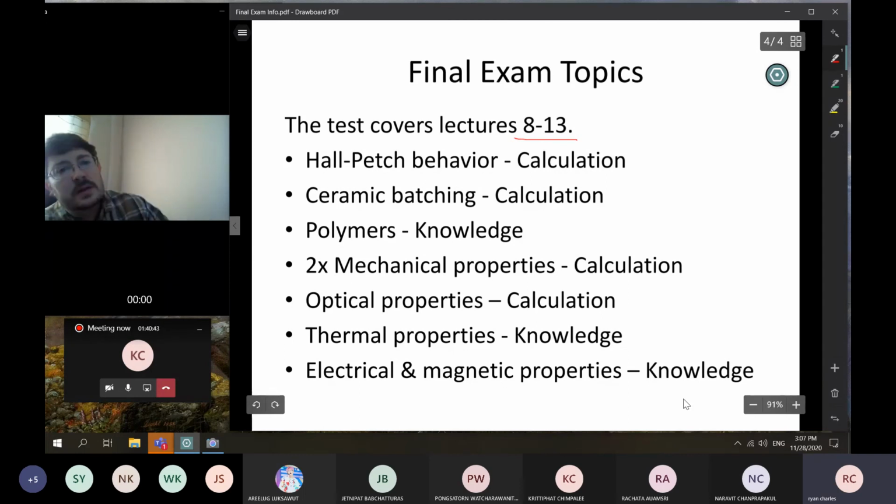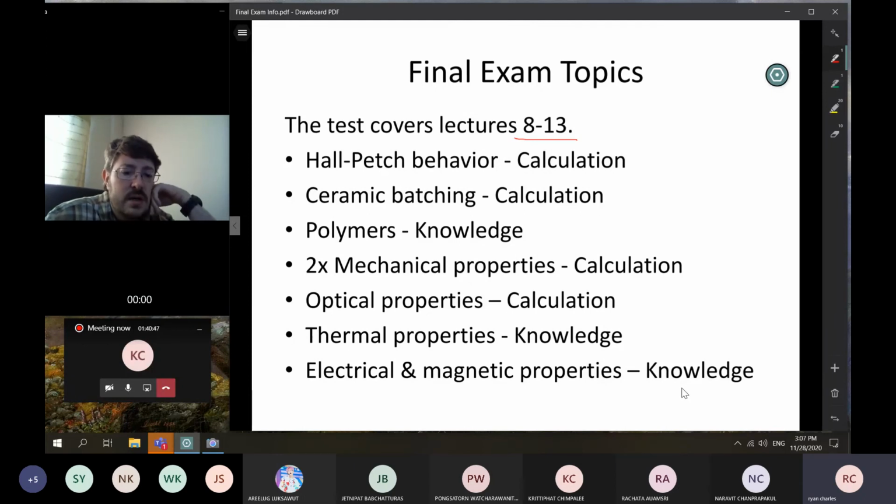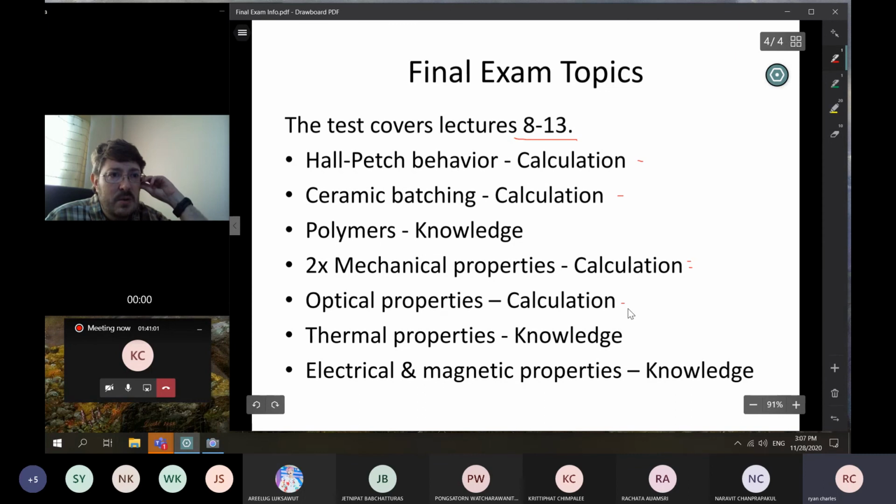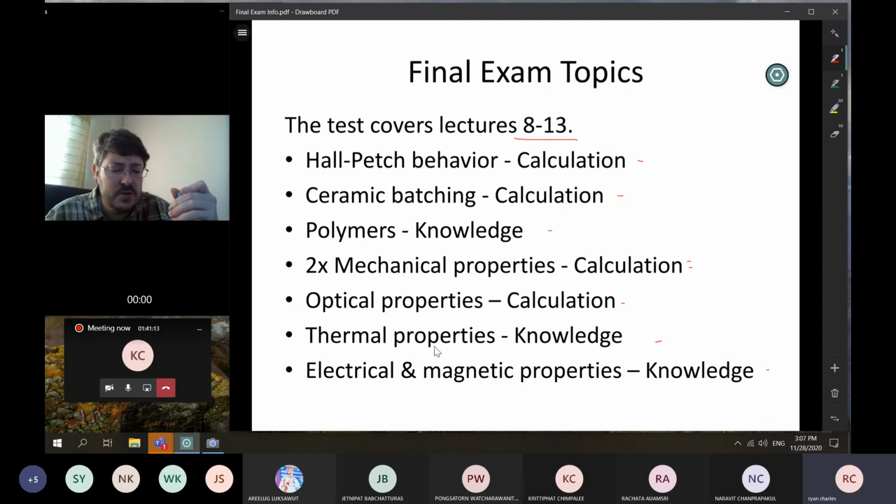Knowledge might be stuff like multiple choice, or writing a paragraph or 2. A calculation is a math problem, like a worksheet. So you have 5 math problems, and 4 knowledge type questions, multiple choice or writing questions, things like that.